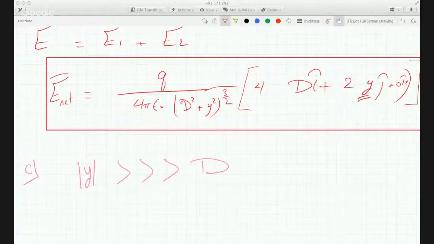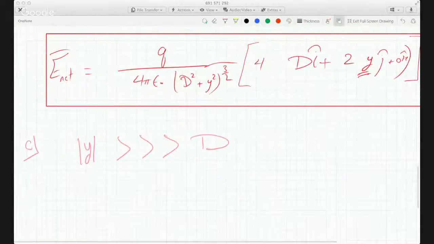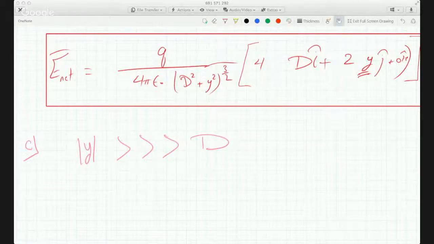So what we could do here, we could do a power series approximation. I was thinking just for the y component like this.